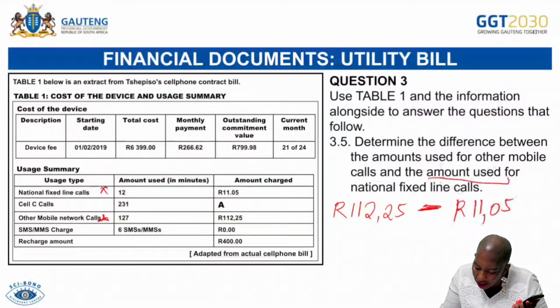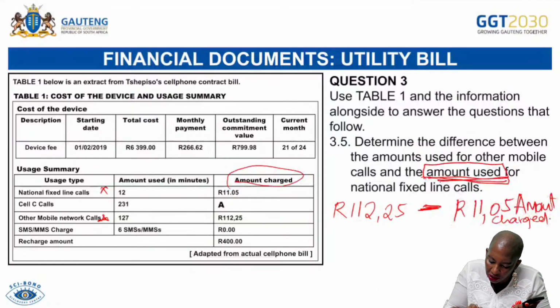You see, boys and girls, where I went wrong. Here, I did not read the question clearly. It says the amount used, not the amount charged. This one is an amount charged. So now the amount charged, let's quickly do it, even though it's not needed.